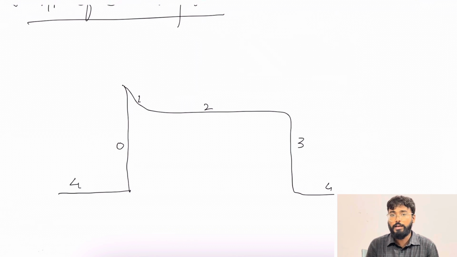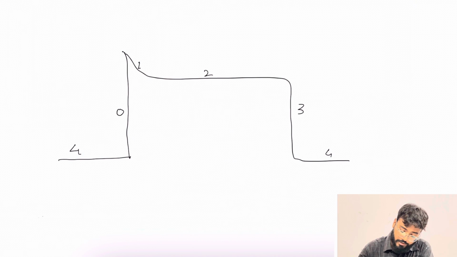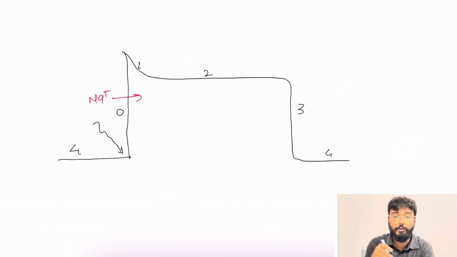which further propagates via the AV node, and then from the bundles it goes throughout the ventricles and all the other structures of the heart. So whenever the action potential arises, let's say at this place, there is opening of sodium channels, so there occurs influx of sodium from extracellular fluid into the sarcoplasm.